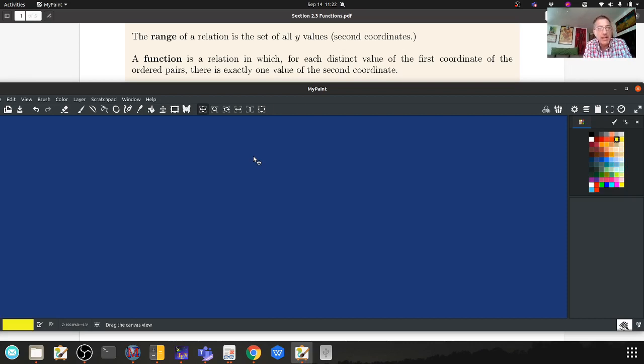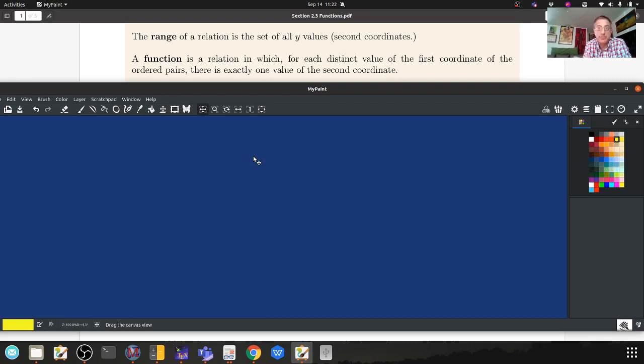Not every mammal is a cow, just like not every relation is a function. But every cow is a mammal, so every function is a relation. So a function is a special type of a relation.